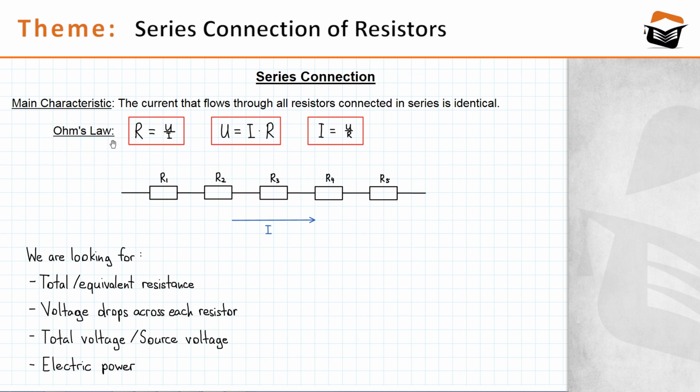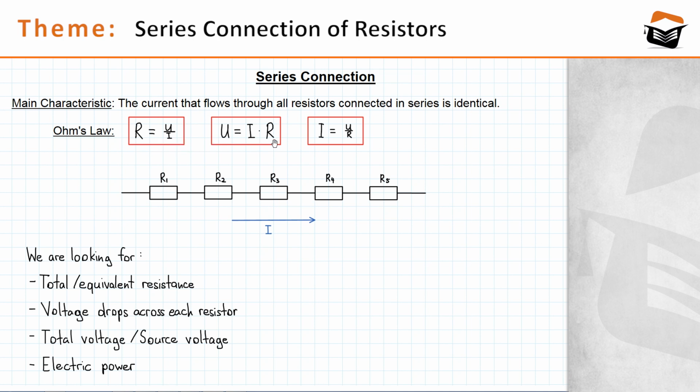Ohm's law states that the resistance is equal to the voltage drop, or voltage, across the resistor divided by the current that flows through the resistor. If you rearrange this equation, you can come up with different statements of Ohm's law.